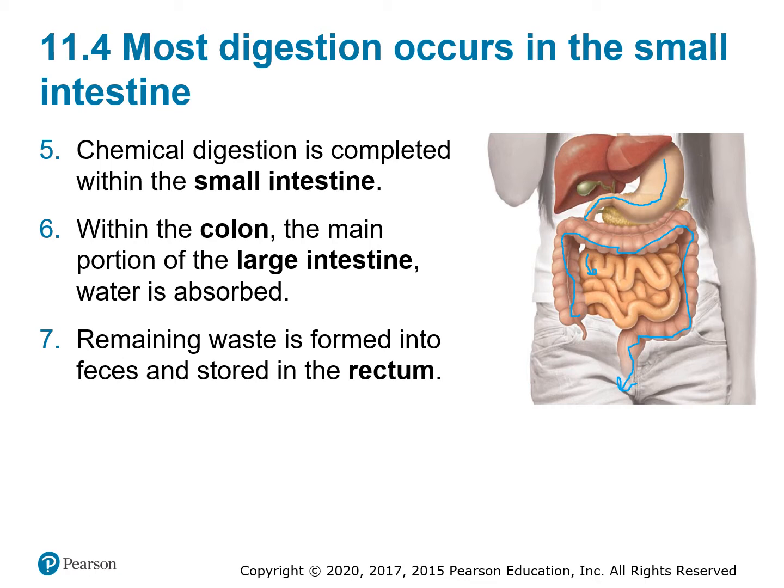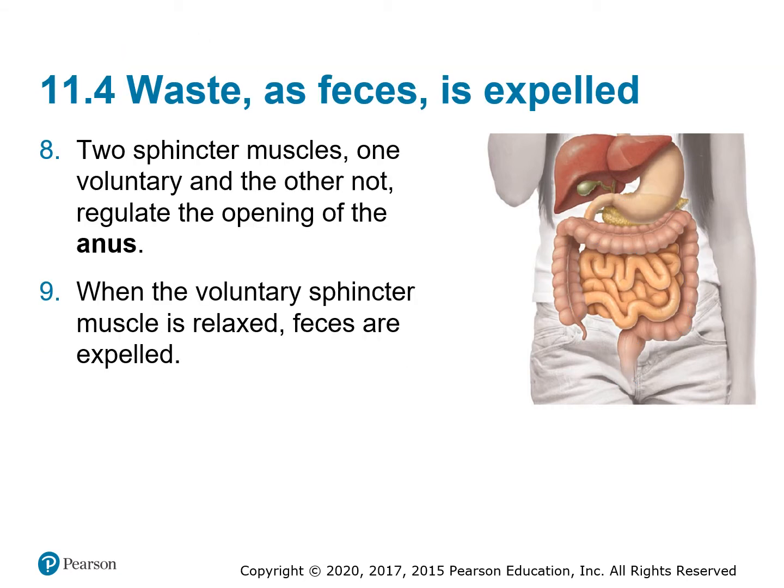So within the colon, which is the main portion of the large intestine, water is absorbed. And then the remaining waste is formed into feces and it's stored in the rectum. So from the rectum, there are two sphincter muscles.